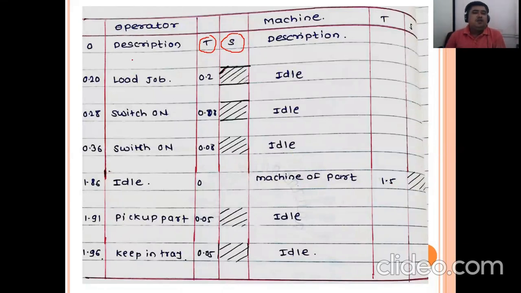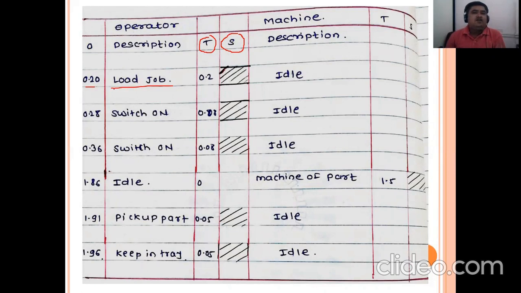Okay, so first the description. Let's say this is 0, which means we have just started. It may be any number, 8 o'clock, 7 o'clock, 9 o'clock, whatever. Then load the job: take the job from the panel and load it to the machine. For loading the job, 0.20, I can say 20 seconds are required.